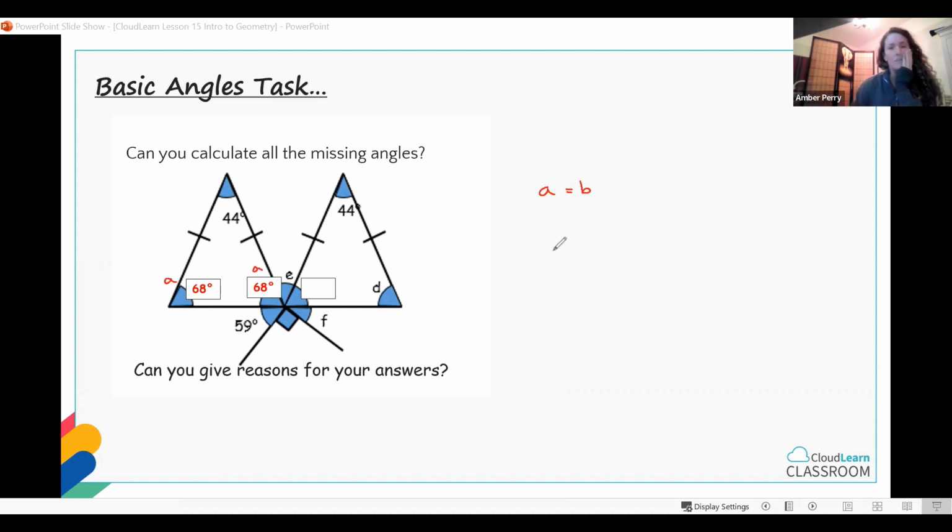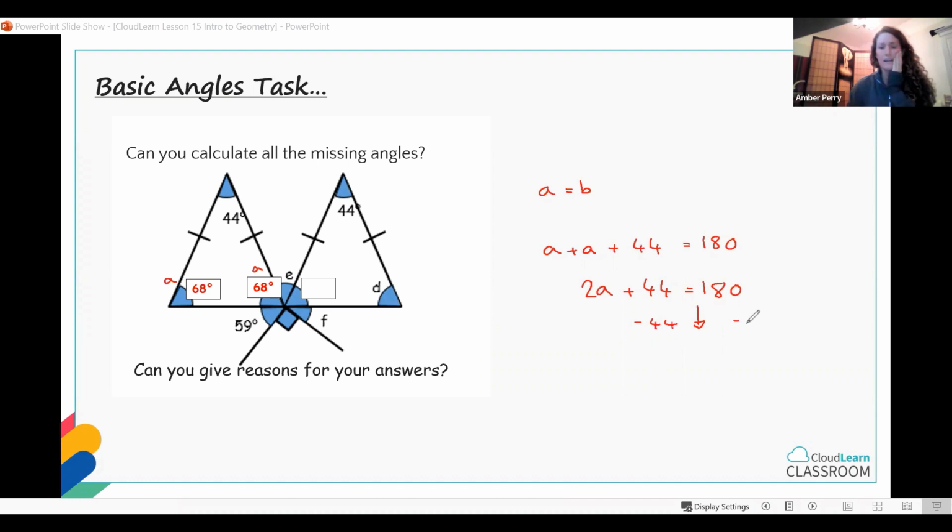So now we know that we've got A plus A plus 44 is equal to 180, because if we add those three angles up, then we know that they're going to be 180. Now from our algebra skills, we know that A plus A is just 2A. So we've got 2A plus 44 is 180. And you can see there that what we've done is we've formed an equation, which we could then solve to get the answer 68. Okay, so I would subtract 44 from both sides.